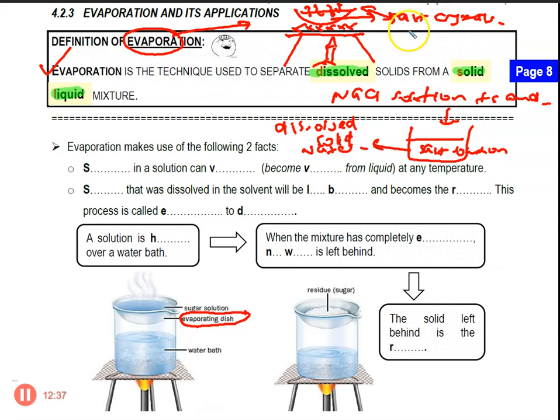So if you understand the definition, now we must talk about why we can use evaporation, or more like in which two situations do we use evaporation? Can we use evaporation all the time? Not all the time to separate mixtures. So evaporation makes use of two facts. The principle of evaporation is very important, so you may want to put a star here.